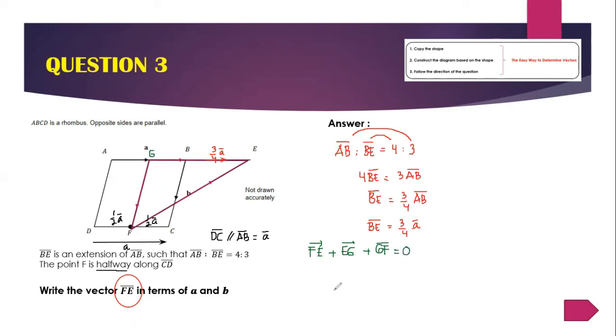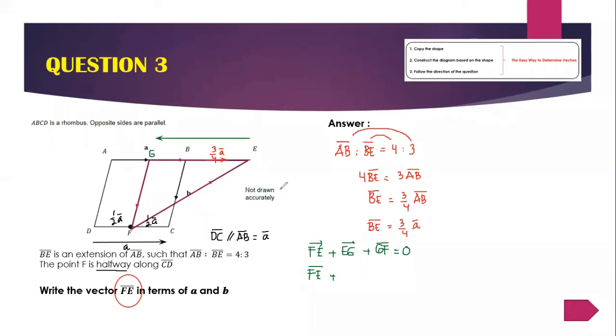Is it clear to you? Next, vector FE plus vector EG. How about EG?